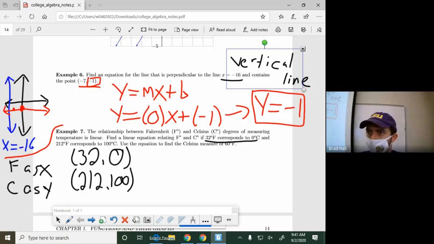So we're treating Fahrenheit like an X value or an input, and we're treating Celsius like an output or Y value. And so what this does is it gives us 2 points on a line. Using that information, we can determine the equation of the line.